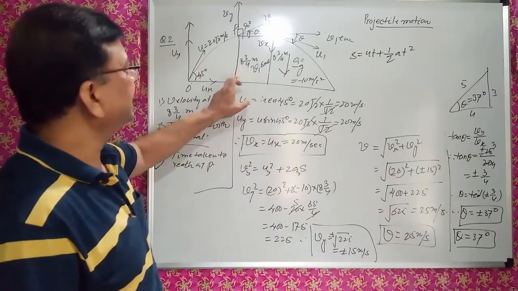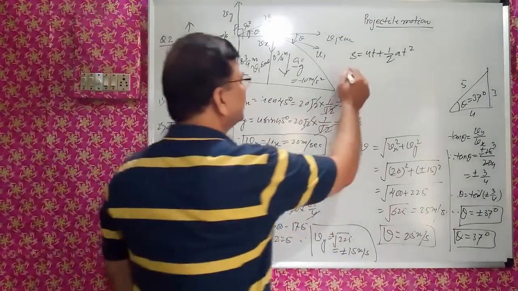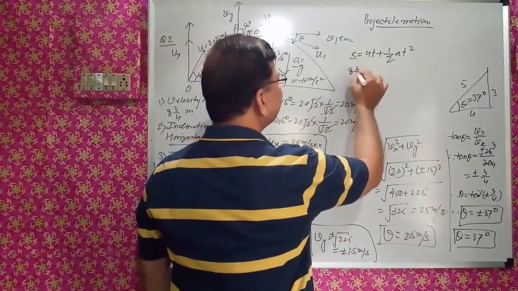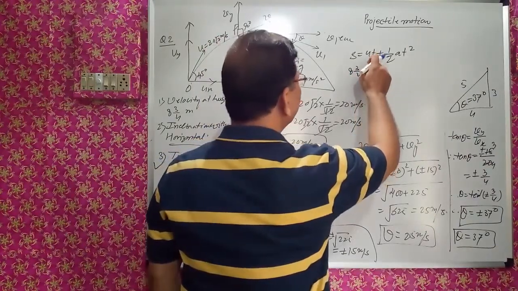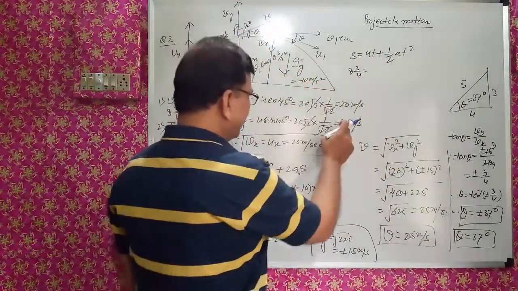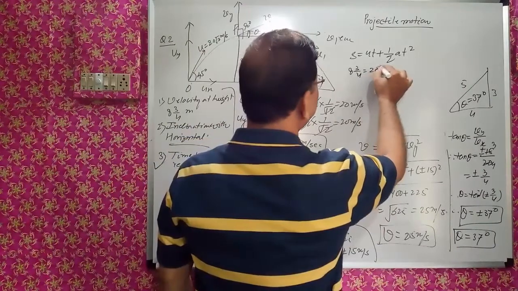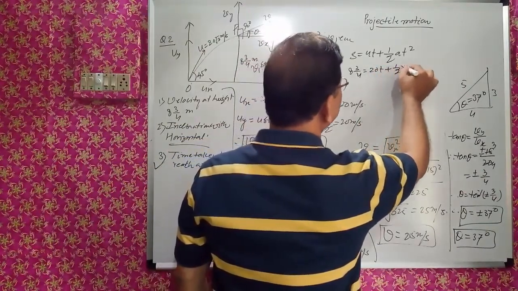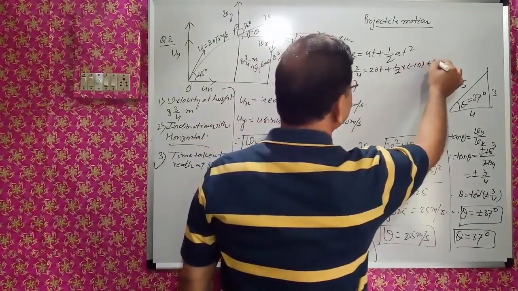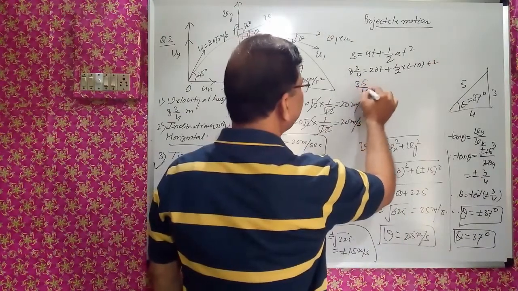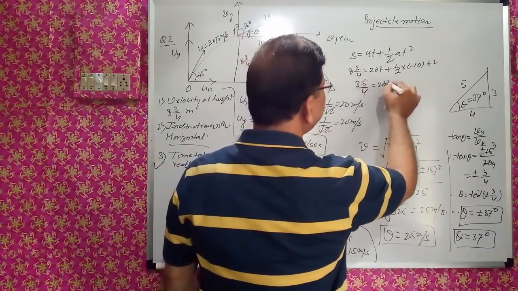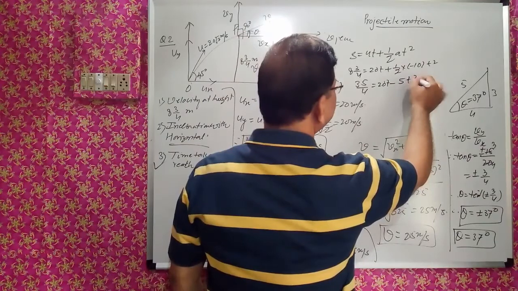S is 35 by 4. So, we will write 35 by 4 is equal to u vertical, that is 20 t, plus half into minus 10 t square. 35 by 4 is equal to 20t minus 5t square.